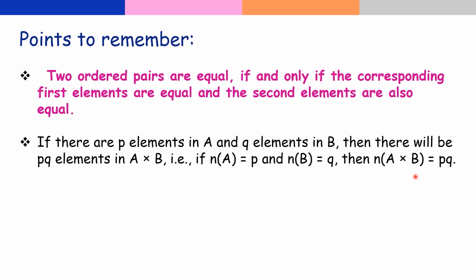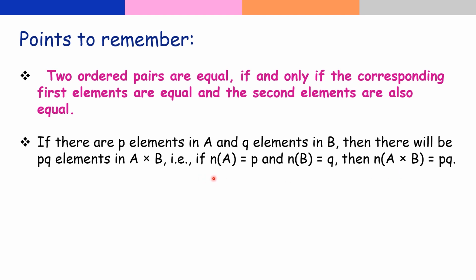Suppose the first set has 3 elements and the second set has 2 elements; in the Cartesian product I will have 3 into 2, that is 6 elements or 6 ordered pairs. Whatever I write as an ordered pair in this Cartesian product is considered an element. Each ordered pair is an element.